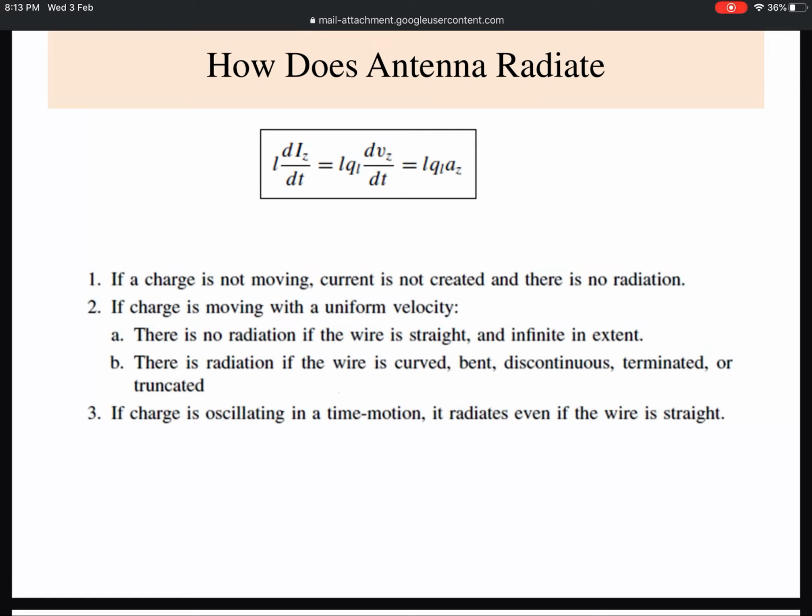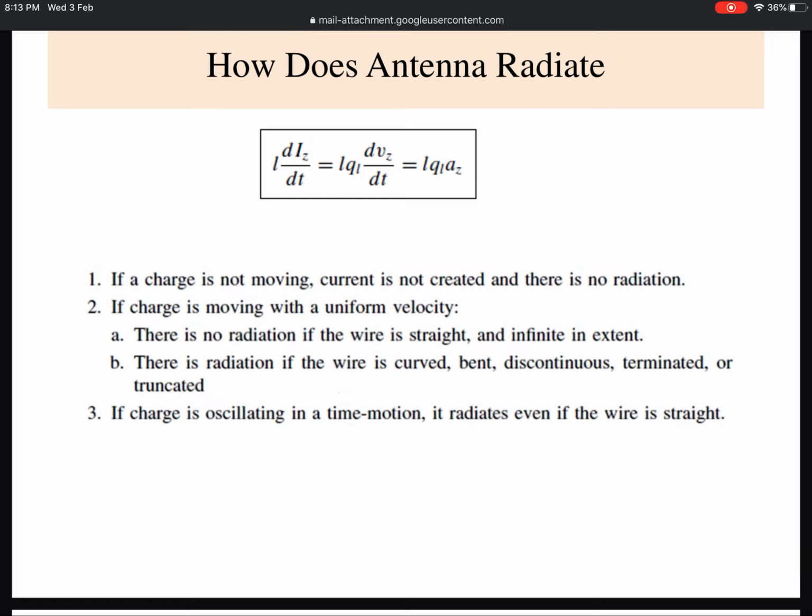From those disturbances, radiation may occur. So the uniform current can take part in radiation if it flows through a radiator or a wire which is not very straight, rather there is a bend or discontinuity, or there are terminations or truncations.